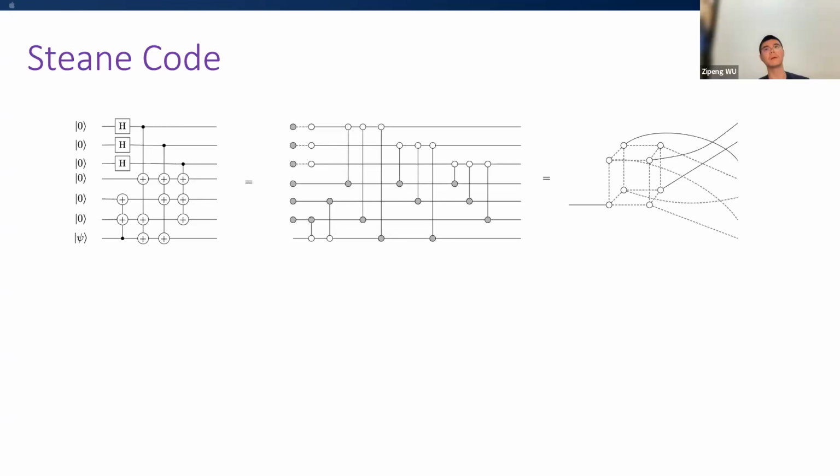Then can we still perform the row reduction? When we choose the Clifford operation, the identity, the logical X actually is the Z operators, right?